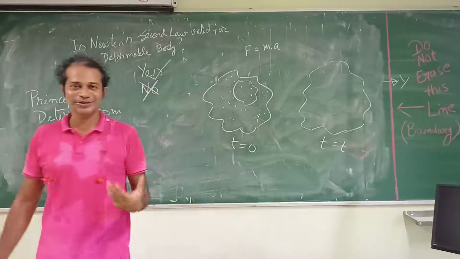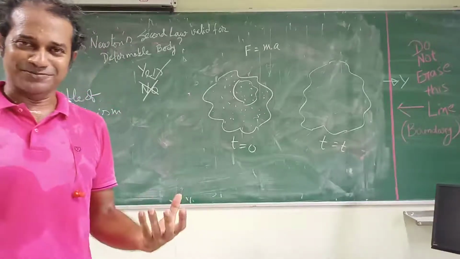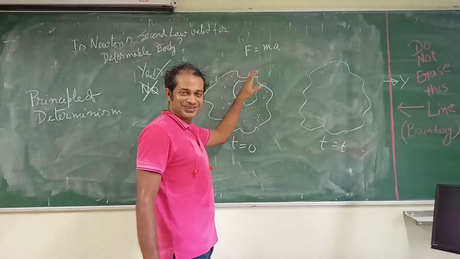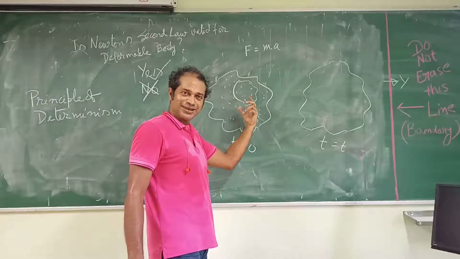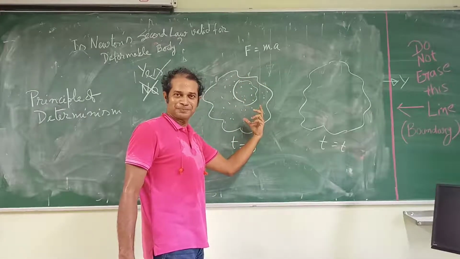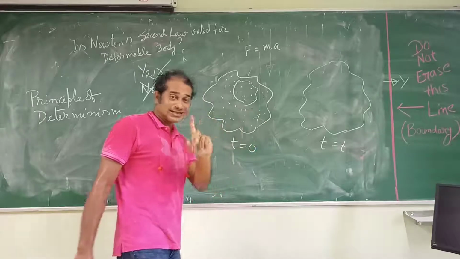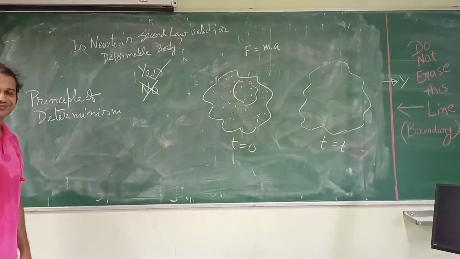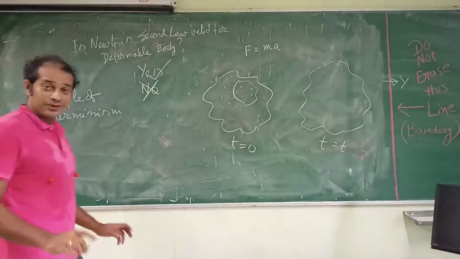Like in thermodynamics, we talked about the system. If you consider this as a system, it is valid for this system and any part of the system. And its best example is the free body diagram.